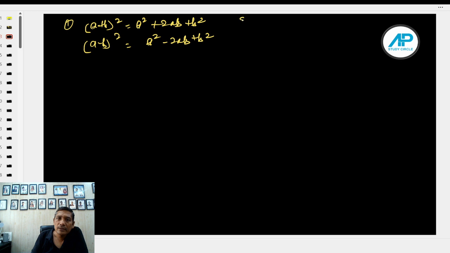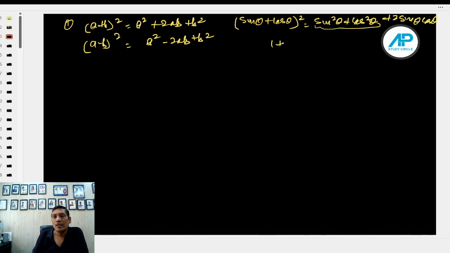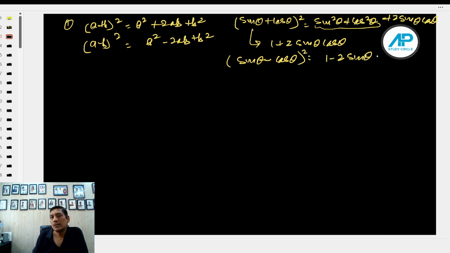So if I'm squaring sine theta plus cos theta, it always gives me sine square plus cos square plus 2 sine theta cos theta. This gives you 1. I got 1 plus 2 sine theta cos theta. Or when I take sine theta minus cos theta, you got 1 minus 2 sine theta cos theta.